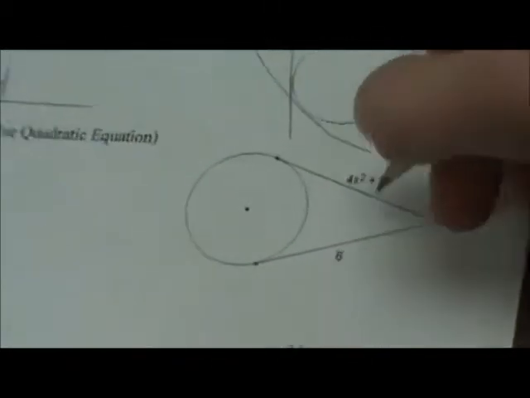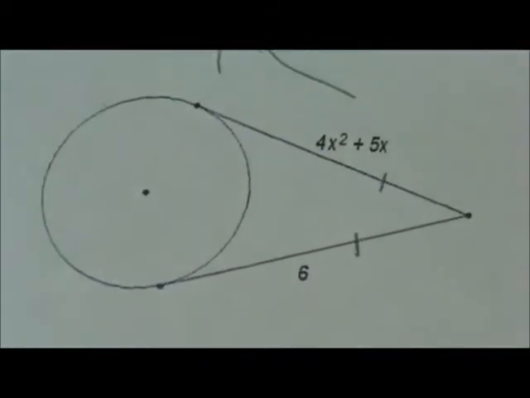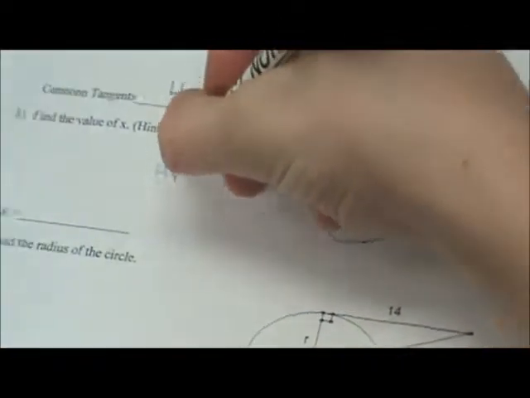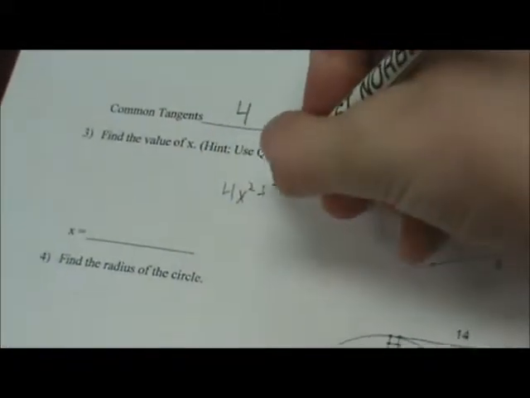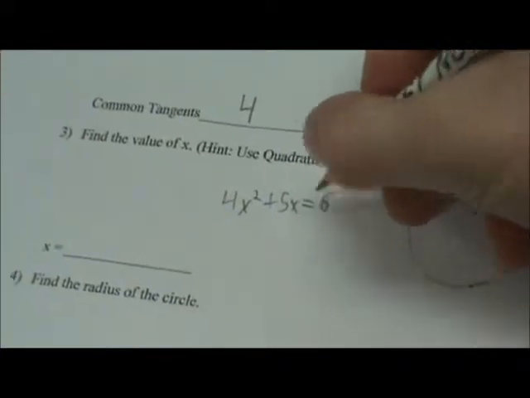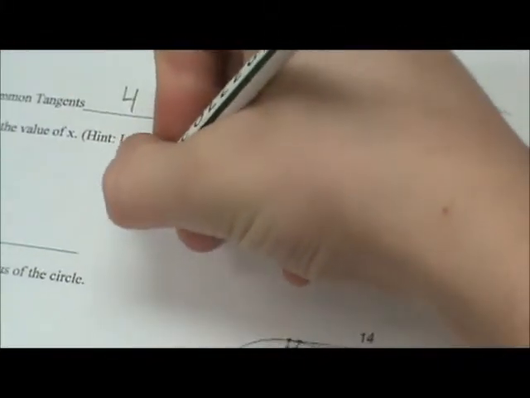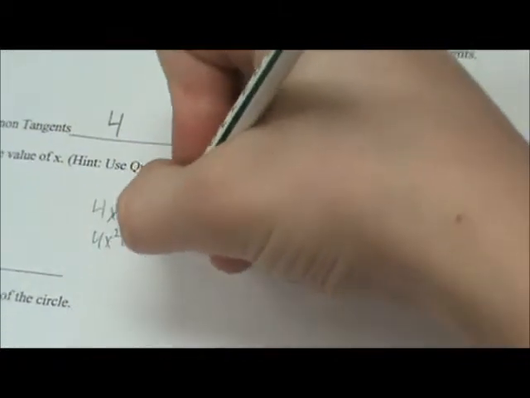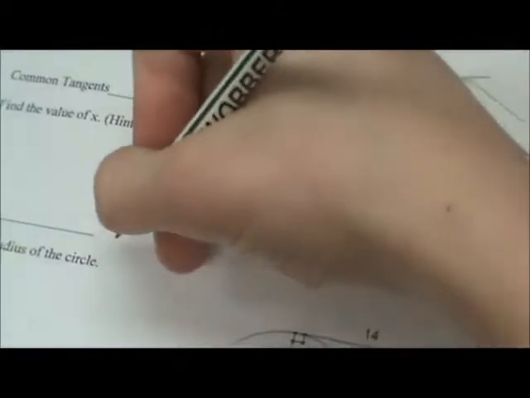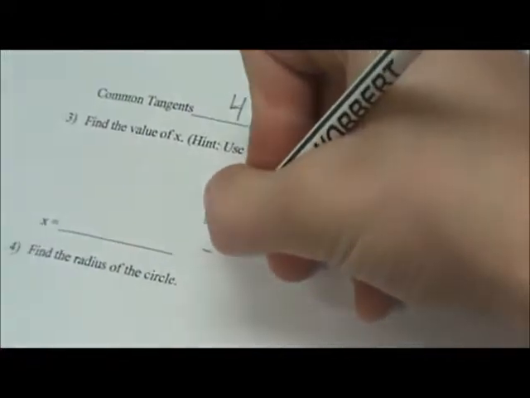Alright, for number 3, we have to find the value of x. We know that both sides are congruent, so it's 4x squared plus 5x equals 6. We set that equal to 0, so we subtract the 6 over. Then we can put it in the quadratic formula.